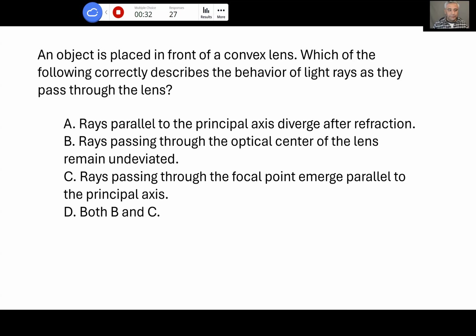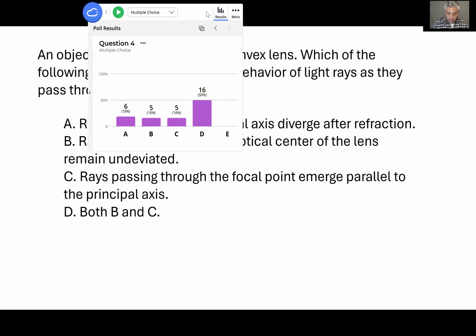Thirty more seconds. 5 more seconds. 5, 4, 3, 2, 1, and it stops. Okay, mostly D, that is correct.